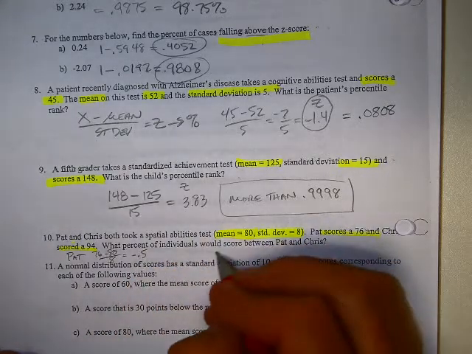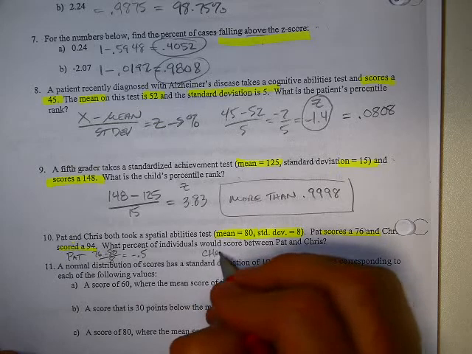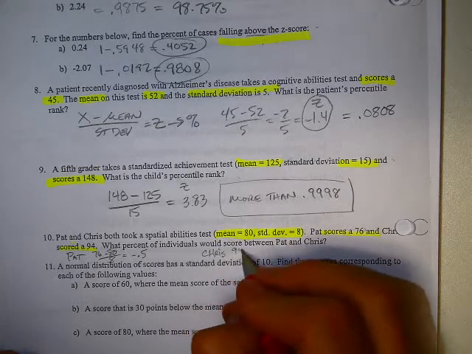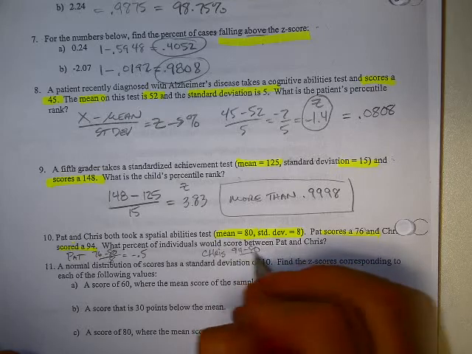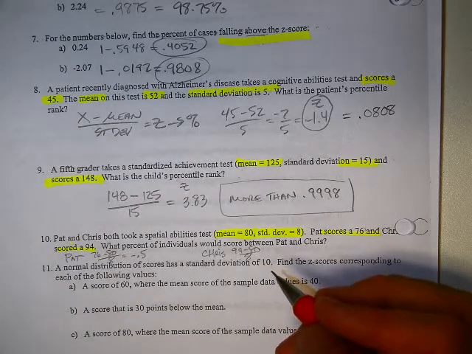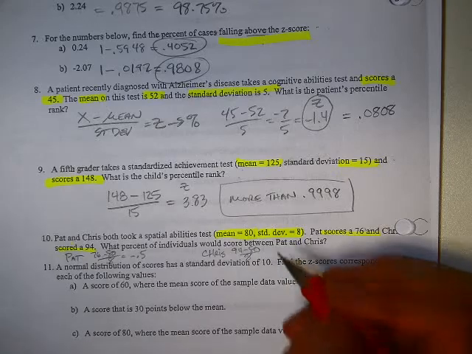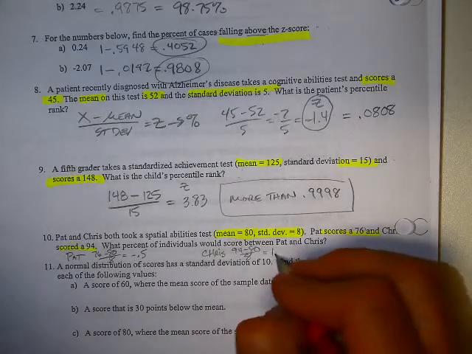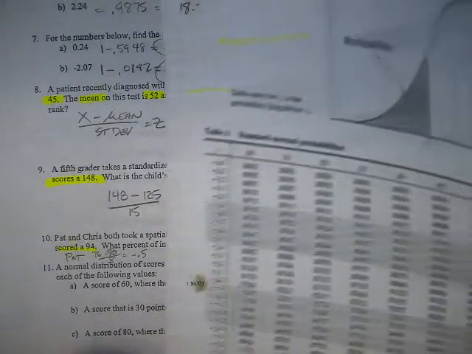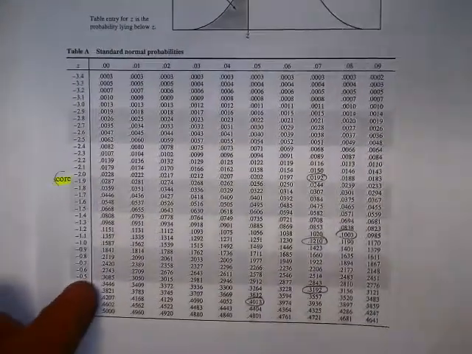I'll look that up here in just a second. Chris is 94 minus 80, his score minus the mean, over 8. And that's going to be 14 divided by 8, which is 1.75. So I've got a negative 0.5, I'm sorry.